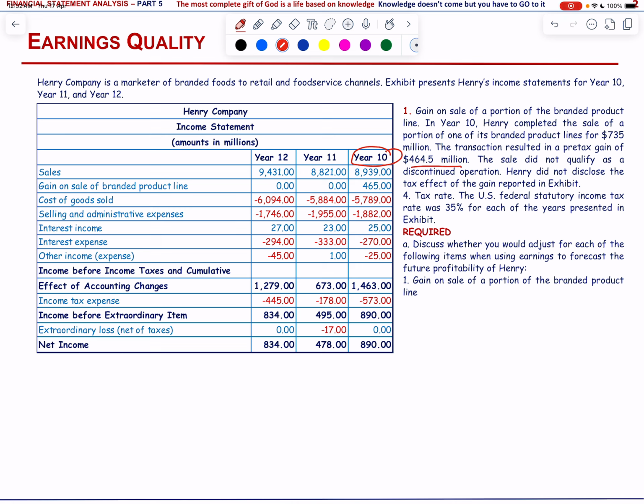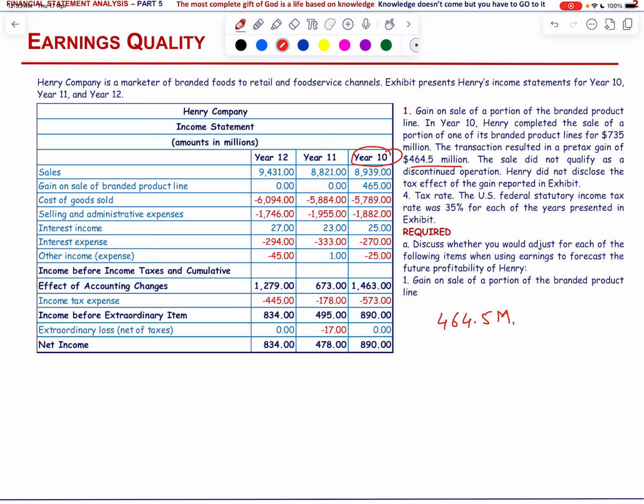So we will adjust the pre-tax income downward by 464.5 million for year number 10. So we are going to subtract the 464.5 million, and we will adjust the net income downward accounting for the tax impact as well.